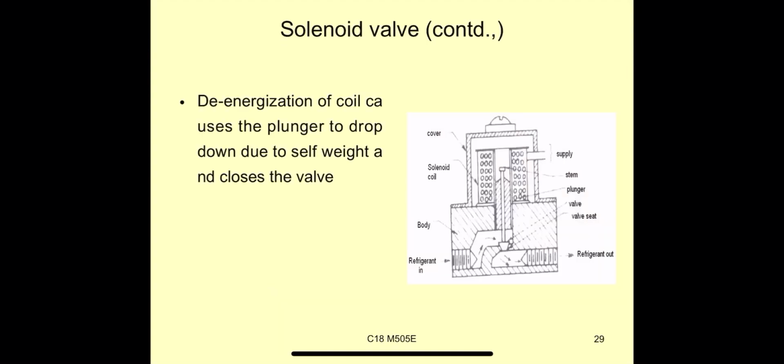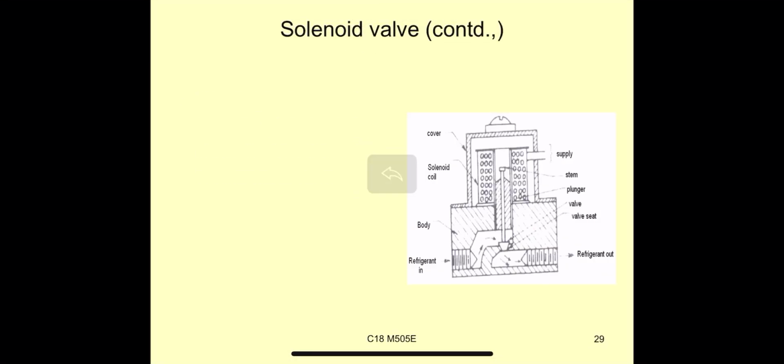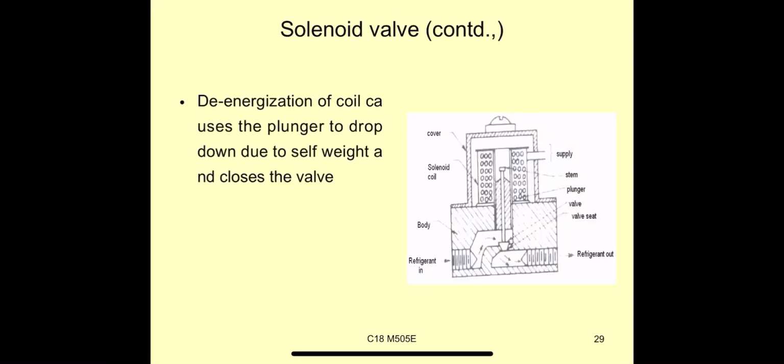De-energization of the coil causes the plunger to drop down due to its self weight and closes the valve. So as it is energized, the plunger opens. As it is de-energized, the plunger closes.